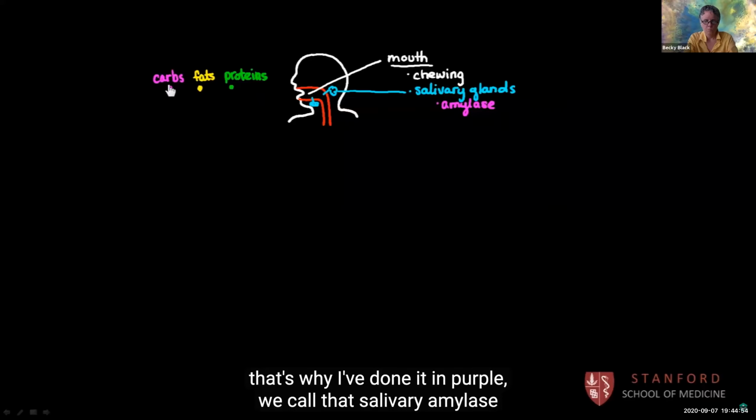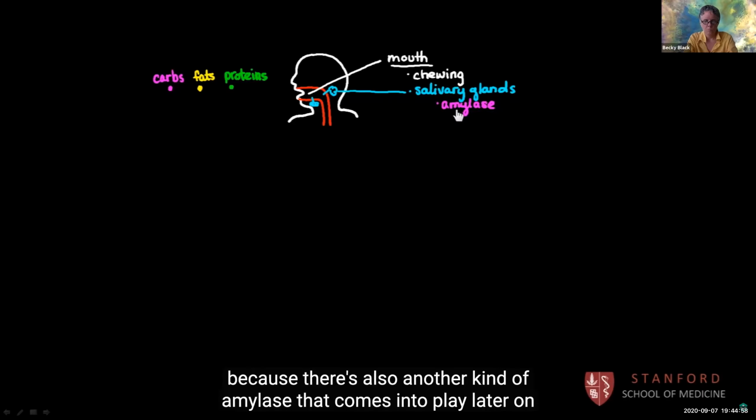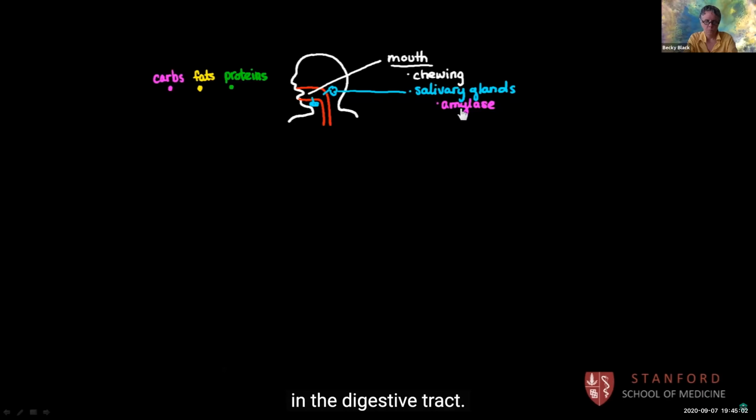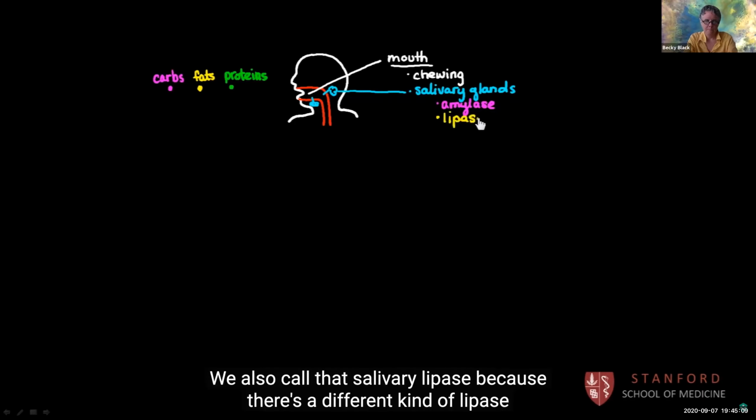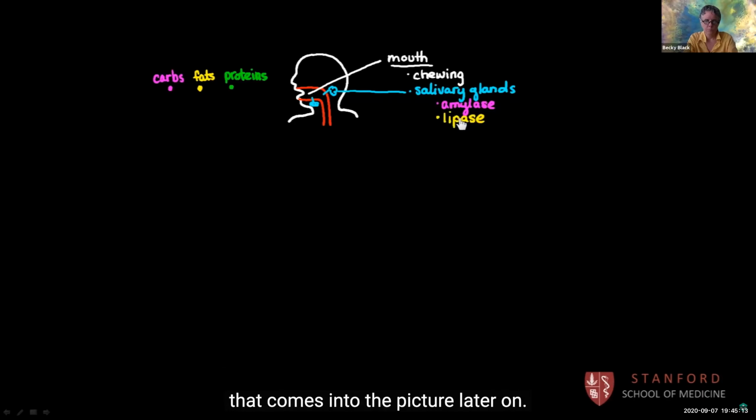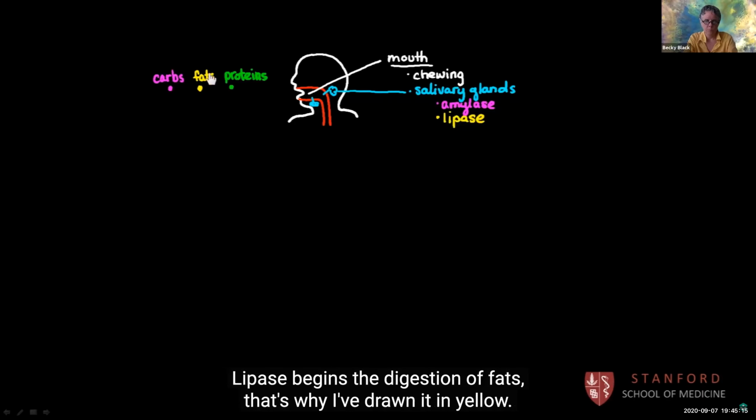That's why I've done it in purple. We call that salivary amylase because there's also another kind of amylase that comes into play later on in the digestive tract. The other enzyme found in saliva is called lipase. And we also call that salivary lipase because there's a different kind of lipase that comes into the picture later on. And lipase begins the digestion of fats. That's why I've drawn it in yellow.